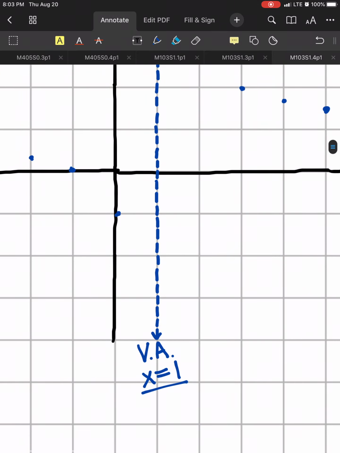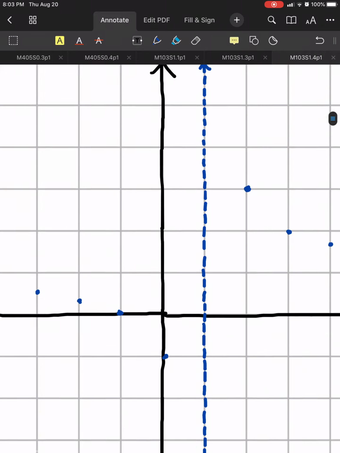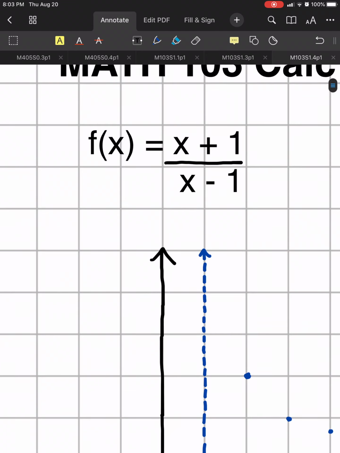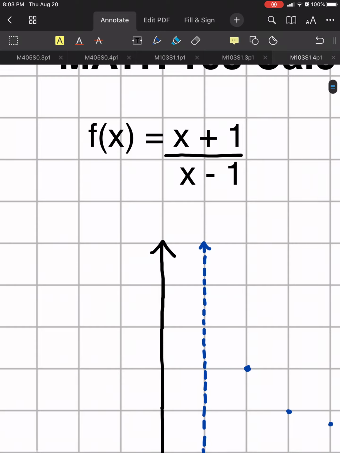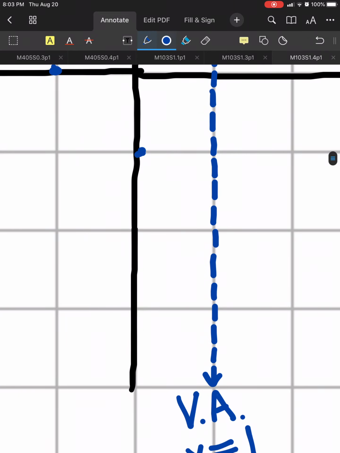Now what we should be able to do here, and I'll maybe talk about an extra point or two. If we plug in a half, we get a half plus 1, which is 3/2, over a half minus 1, which is negative a half. So that should give us negative 3. So right down here, and we can already see what's going to happen there.